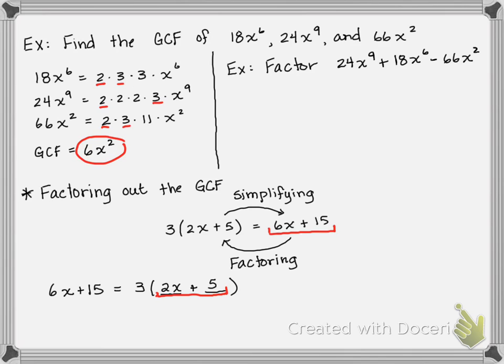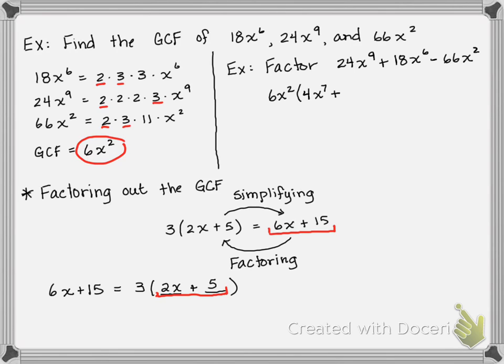So we've got 6x squared. And then in parentheses, what would I have to multiply 6x squared by to get 24x to the 9th? 4x to the 7th. Everybody see it? And then between the first and second term, there's addition.